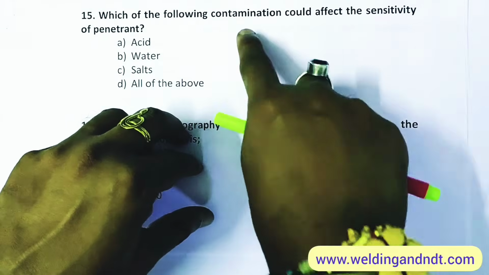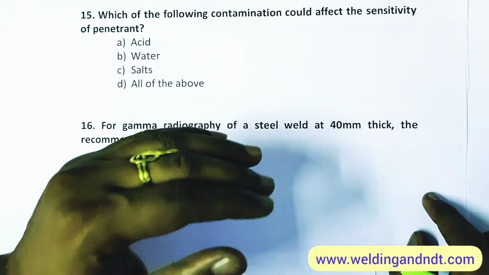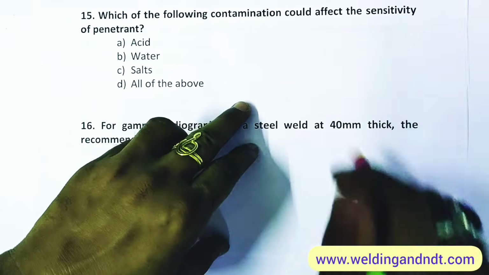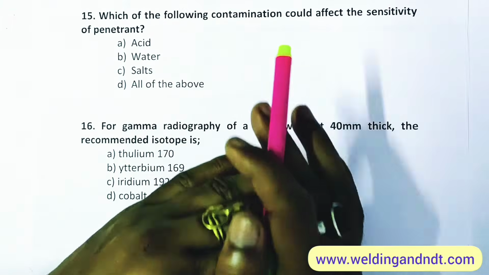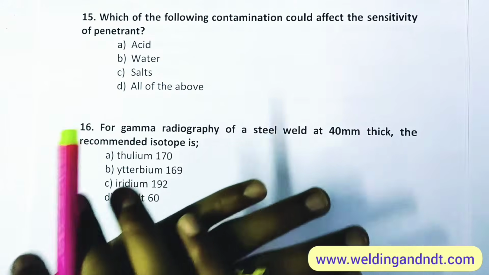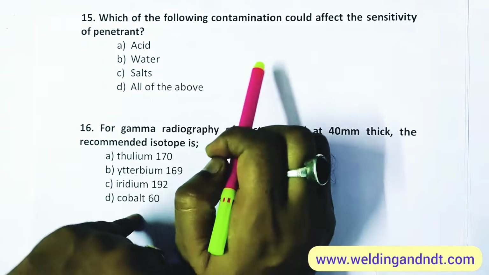Which of the following contamination could affect the sensitivity of a penetrant? The sensitivity of a penetrant can be affected if contamination is present. Contamination in any form, any foreign material, will affect the sensitivity. Hence here the options are acid, water, salts, all of the above.